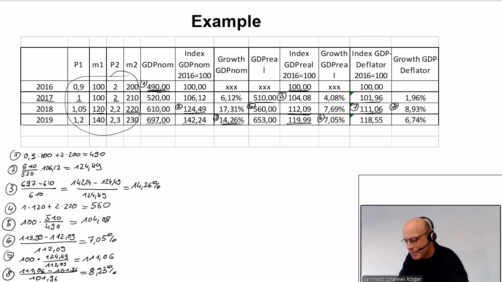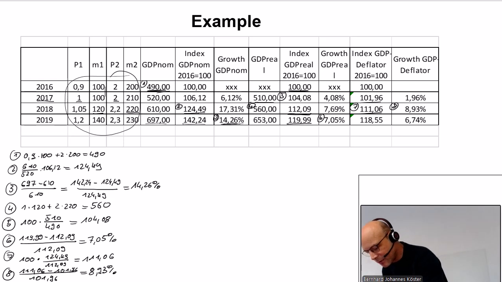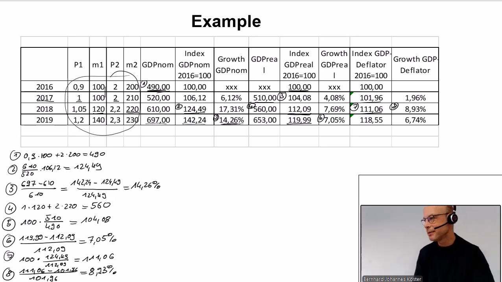And then you see just by looking at these data, well, every data point is maybe constant here from 100 to 100, or it is increasing. So over time, all numbers are increasing. And this in the end then means definitely that every growth number has to be positive. And in the answers, then sometimes I got that the index is falling or negative growth numbers or something like this. Well, it always can happen that you miscalculate something.